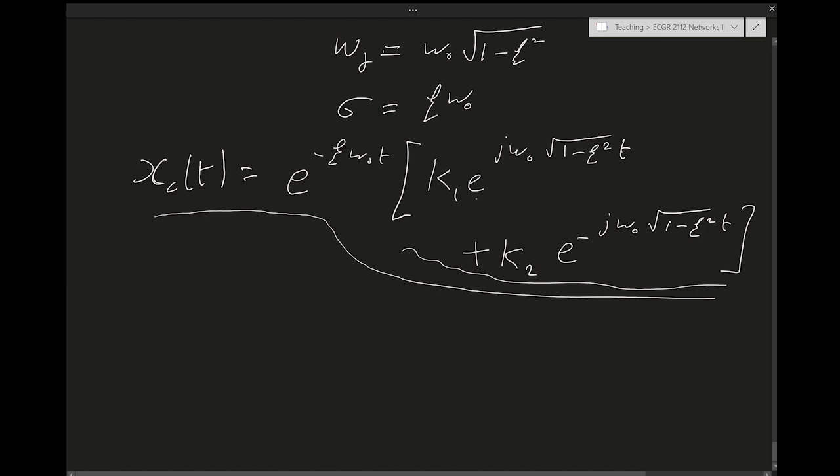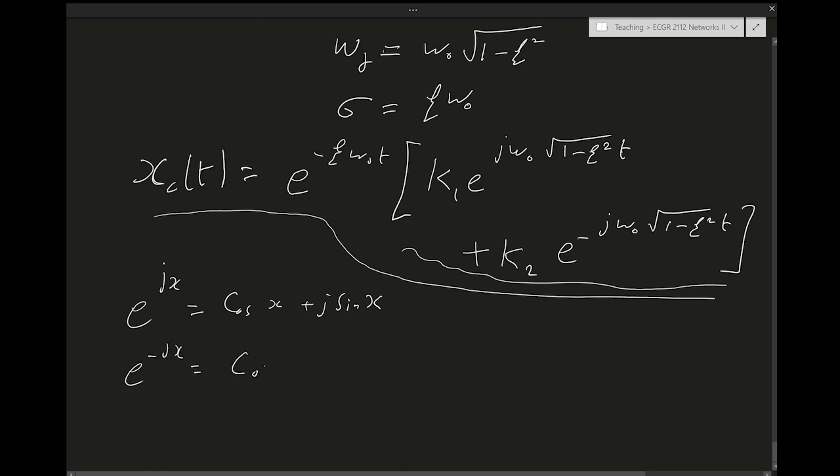Whenever you see e to the power j something t and then e to the minus j, that's very suggestive of trigonometric functions. Why? Because you know the relationship e to the jx equals cosine x plus j sine x. What about e to the minus jx?